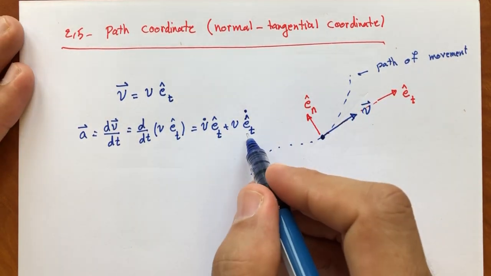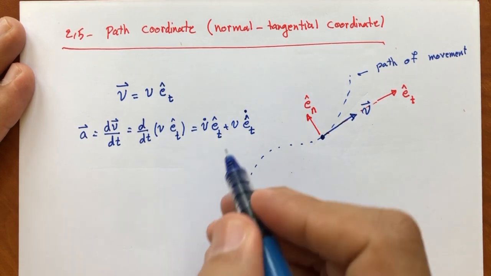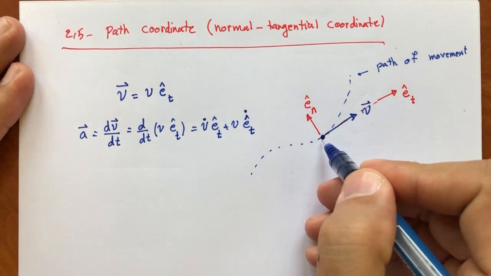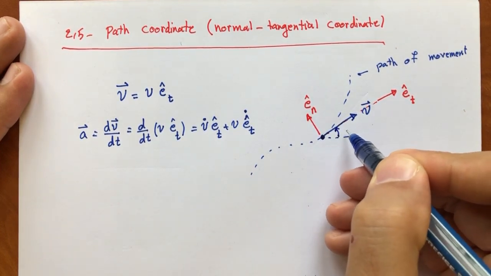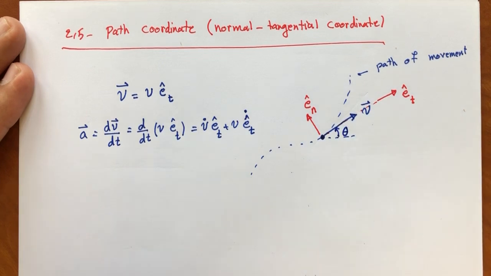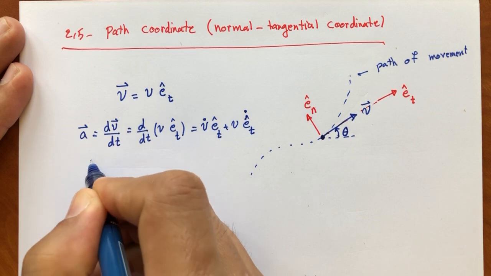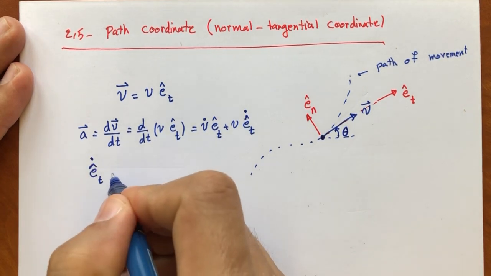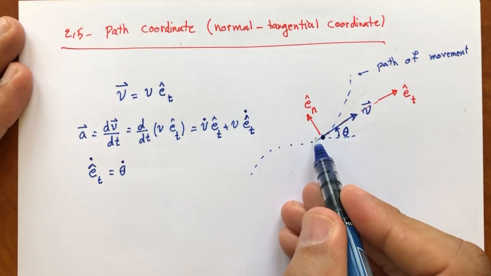I'm not going to show or prove this for you, but the proof is quite simple and you can see it in the book. If this angle, the angle of the velocity from the horizontal direction, if I call it theta, then we can show e hat T dot is equal to theta dot times e hat N.